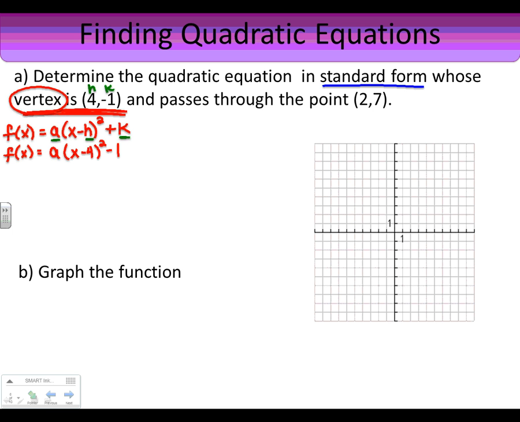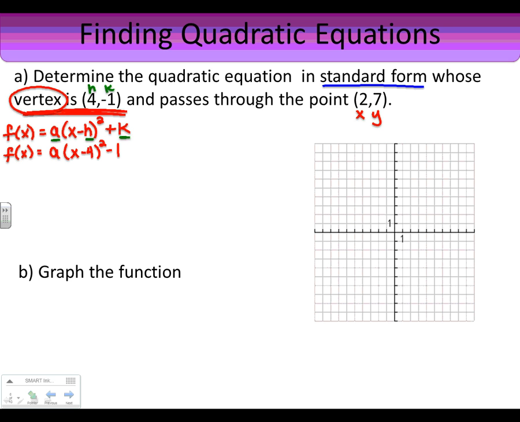Well, the problem gives us that the quadratic passes through the point (2, 7). So there's an x and a y that I know are part of this parabola. It's specifically on this parabola, so I can use it as a part of the equation.